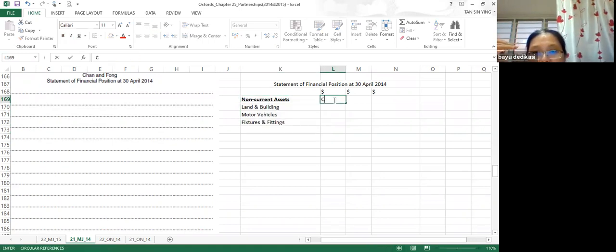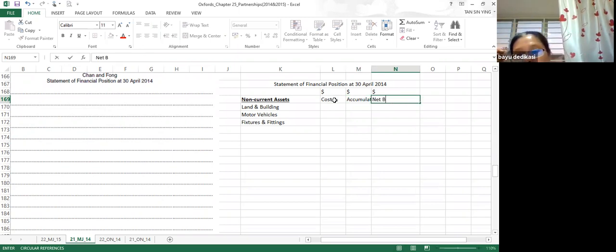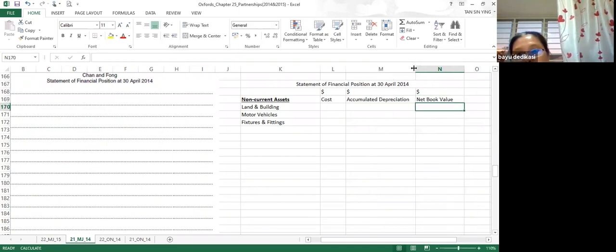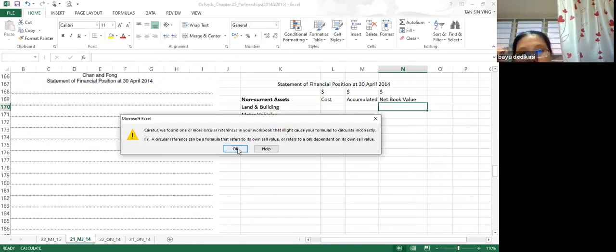Put cost, accumulated depreciation, and then net book value. Okay, so put in the amount that you think should be.